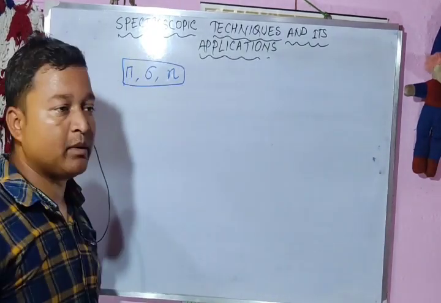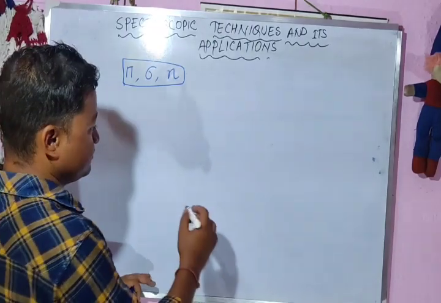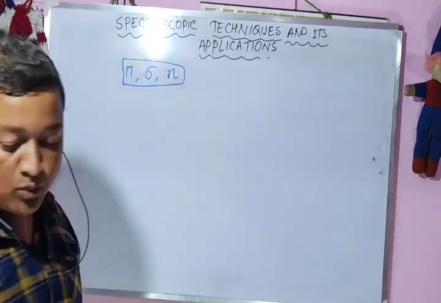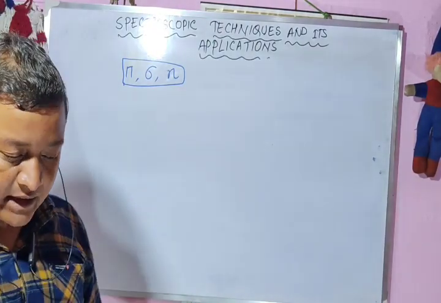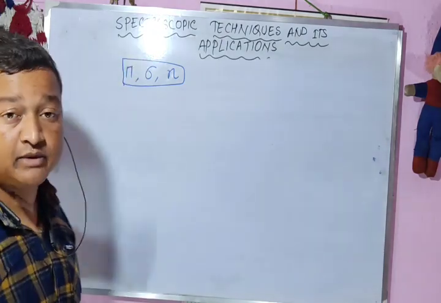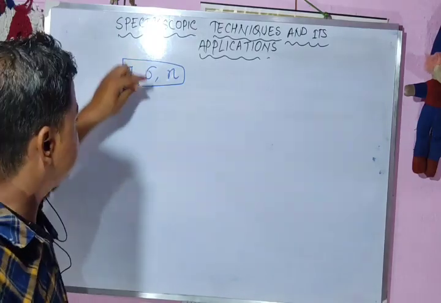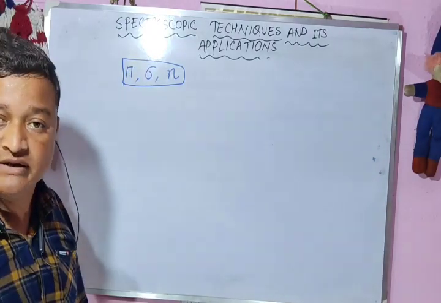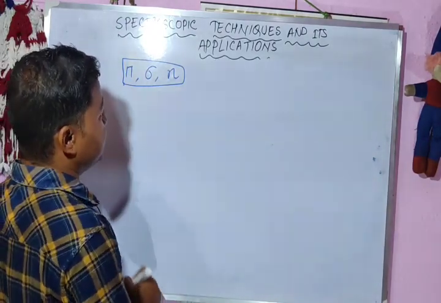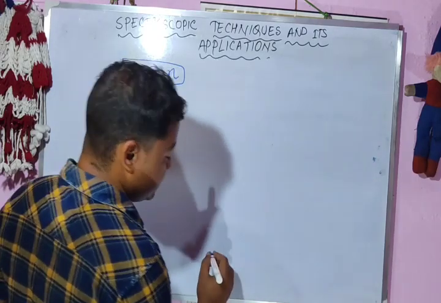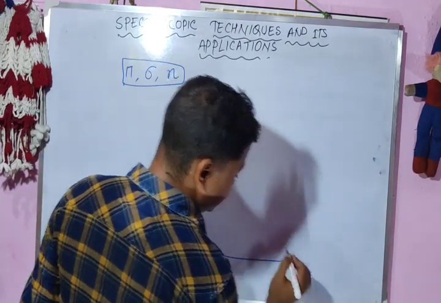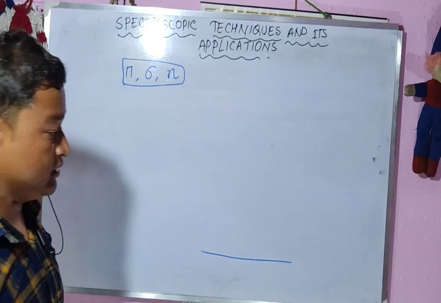So which type of transition occurs? The more stable electron is in the more stable bond. Which bond is more stable: sigma bond, pi bond or non-bonding? The sigma bond is more stable. So the energy of the sigma electron is less, that is, more stable.